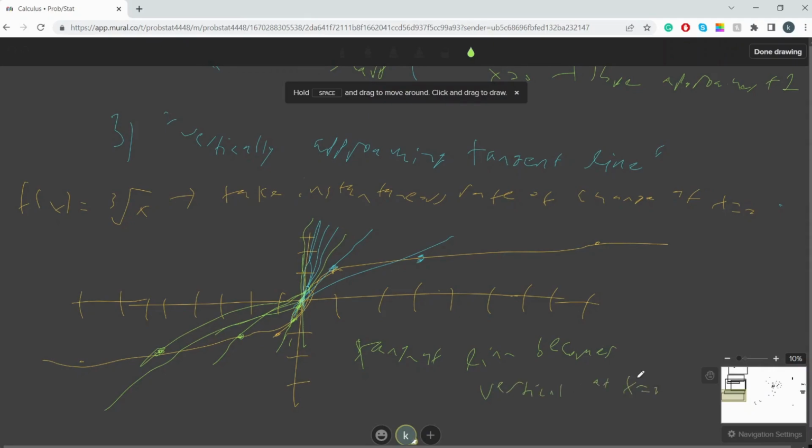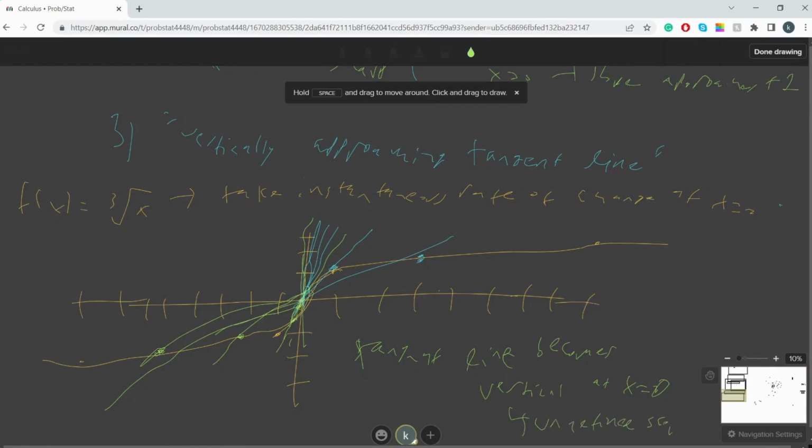at x equals 0. But think back to basic algebra, right? What is the slope of a vertical line? Well, a vertical line is one that has an undefined slope. So because our tangent line is going to become a vertical line at x equals 0 for this function f of x equals cube root of x, the tangent line will become vertical at x equals 0. And vertical lines have an undefined slope.